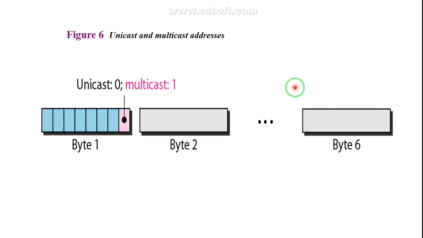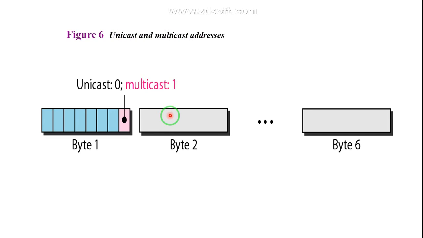Now, talking about unicast and multicast address, how to recognize whether the address is unicast or multicast. Now guys, a source is always unicast because the frame comes from one station only, but the destination could be unicast, multicast, or broadcast.